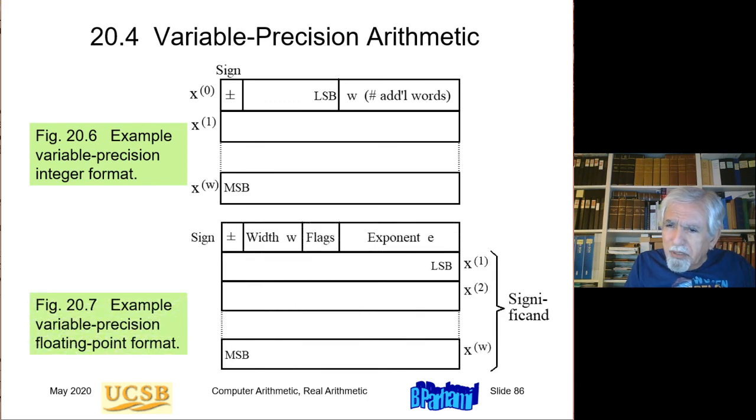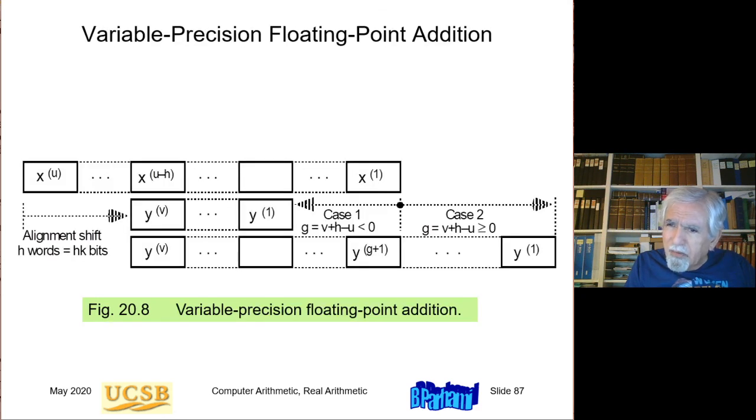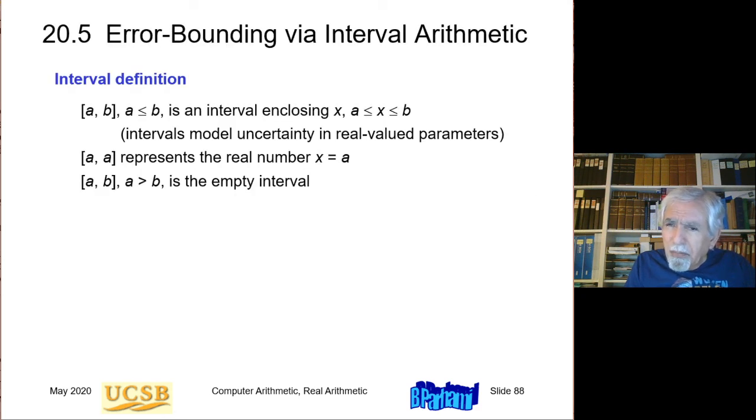Variable precision is the same idea, except that the precision is not fixed. You add words as the need arises. Now, one of the most interesting topics in this chapter is the use of interval arithmetic. Now, interval arithmetic has been around since the 1960s.